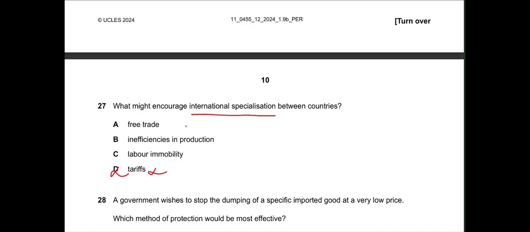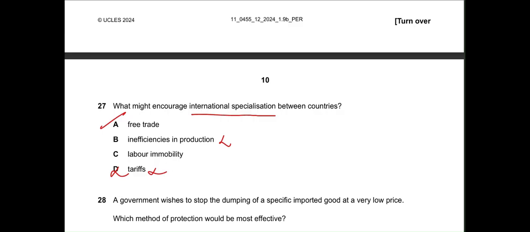So this is eliminated. Free trade, yes, this is the right answer, because when there is free trade, whenever there is export and import between those countries, it will be cheaper. Let's see the other two options. B, inefficiencies in production, doesn't make sense, because you are specializing in something and exporting to another country since you are efficient.